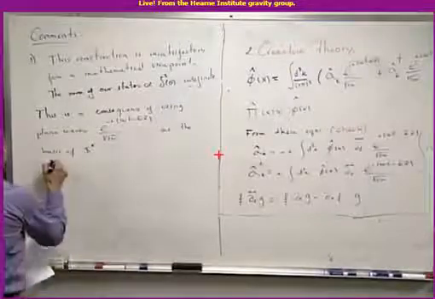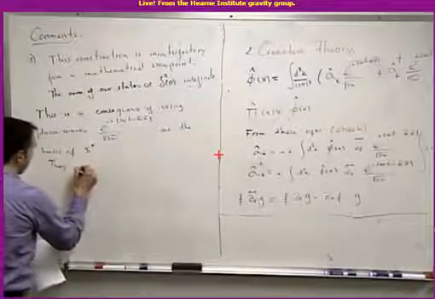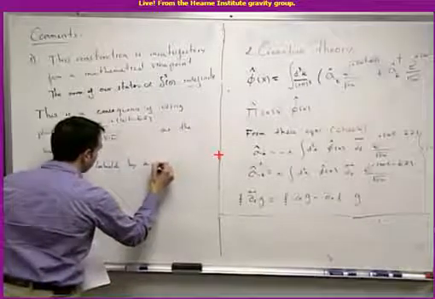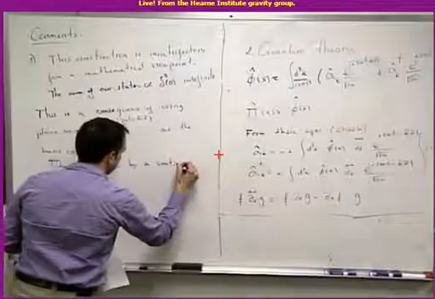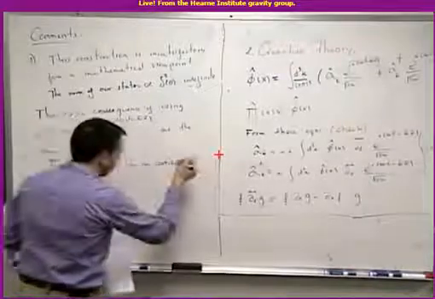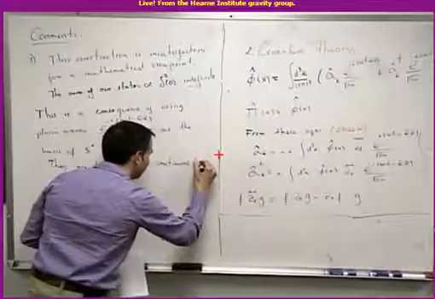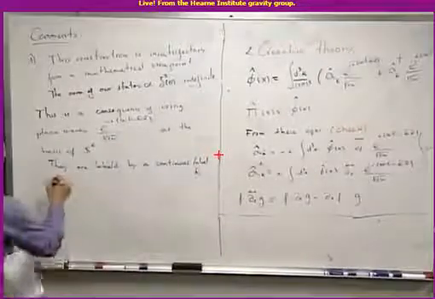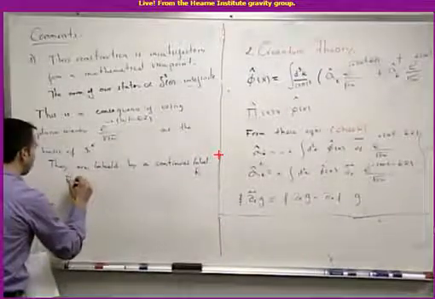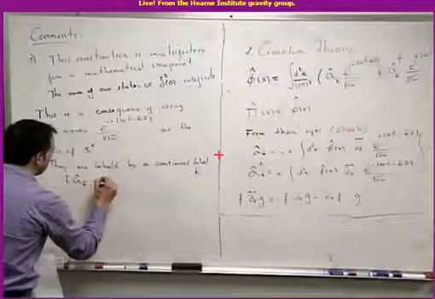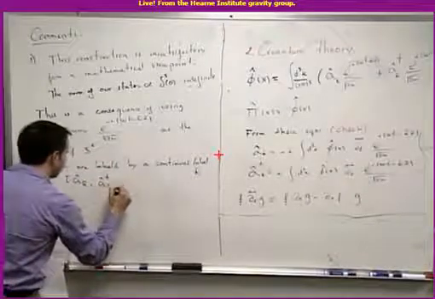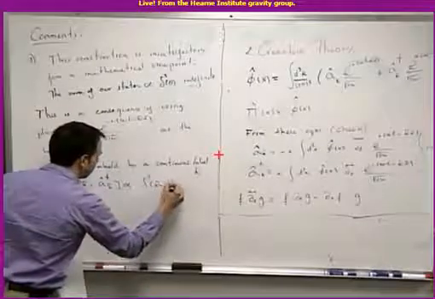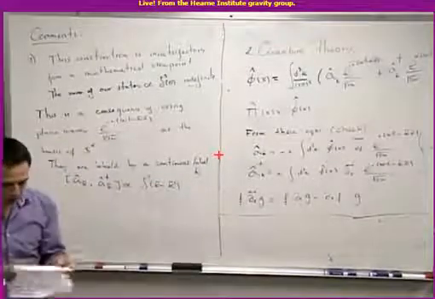Why? Because they are labeled by a continuous label. As a consequence, this kind of commutation relations are forced to be proportional to a delta function, and that delta function is spoiling our normalizations.